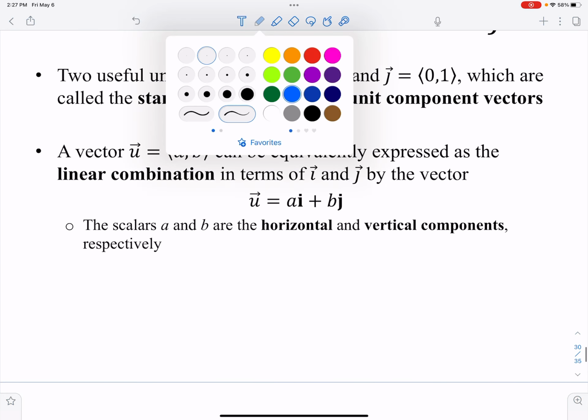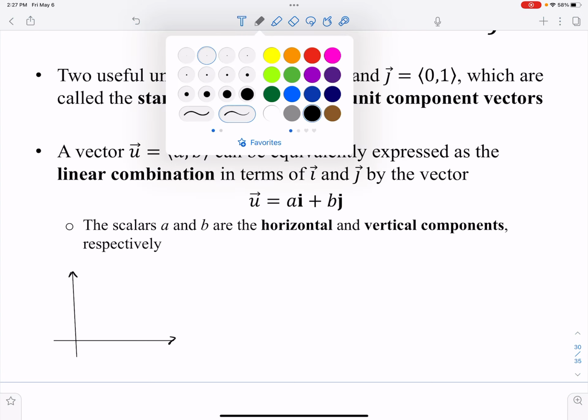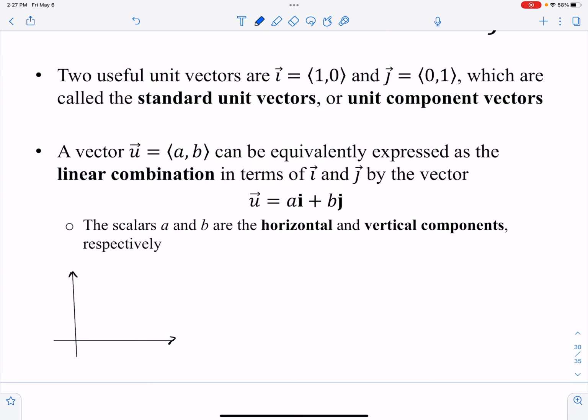So to draw the picture of each of those vectors, okay, so vector i, this is 1 and this is 1. This would be vector i.